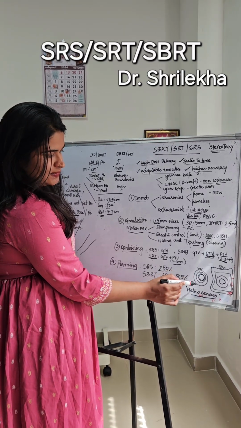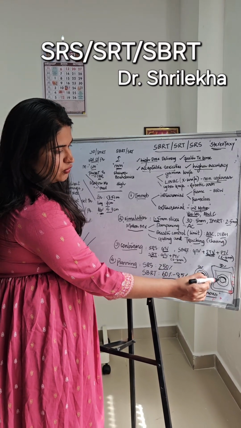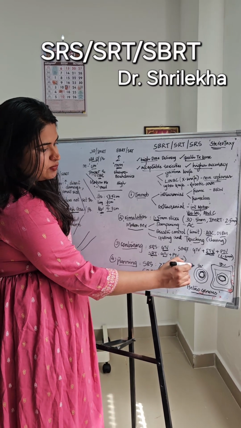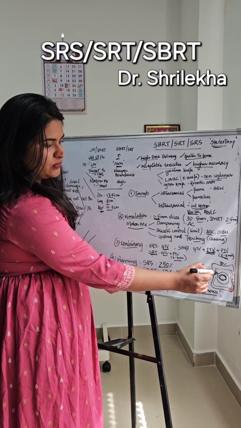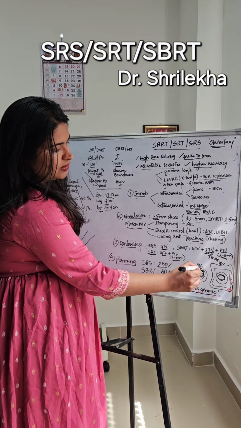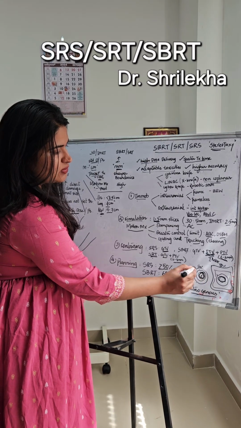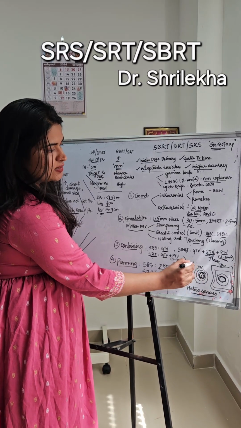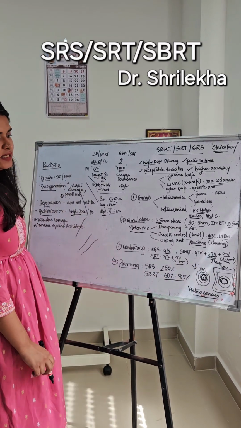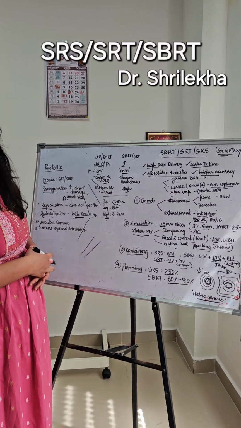This is the SBRT treatment, this is the tumor, whereas here the isodose that is reducing is much more conformal as compared to IMRT. This is IMRT. So that means what? Here you have more heterogeneity. That is, this region is a very high dose, this is a very low dose, there is almost no dose here, whereas this is more homogeneous. So you can say that SBRT treatment is more heterogeneous. So thank you.